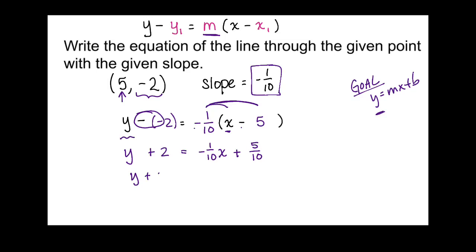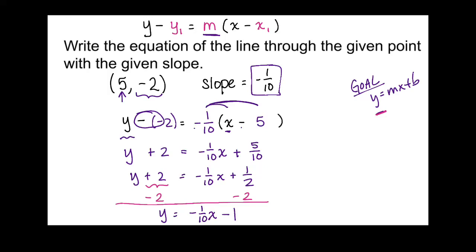So let me rewrite this really quickly. And I need to get y alone, which means I need to get rid of this plus 2, so I'm going to subtract 2. So I get y equals negative 1/10 x minus 1.5, because 1/2 minus 2 is negative 1.5, which you can write as 3/2 if you want, but there's no specific need to.